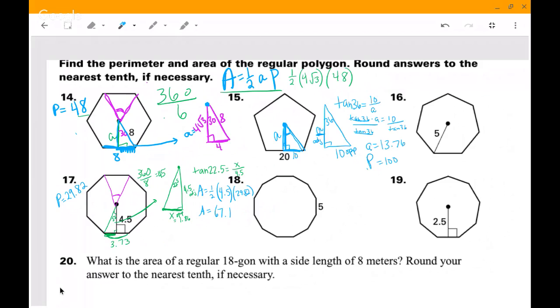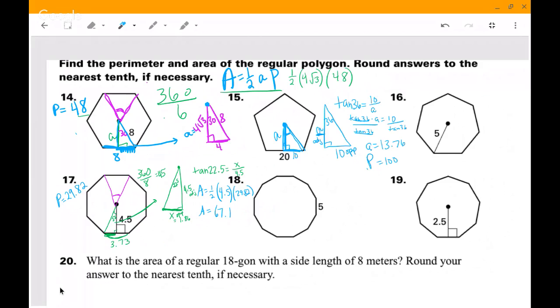I got 685. Probably. I didn't round my apothem. I just used what was in the calculator. Let me try it with the rounded. That's probably why, because mine was a little bit different. I got 688.